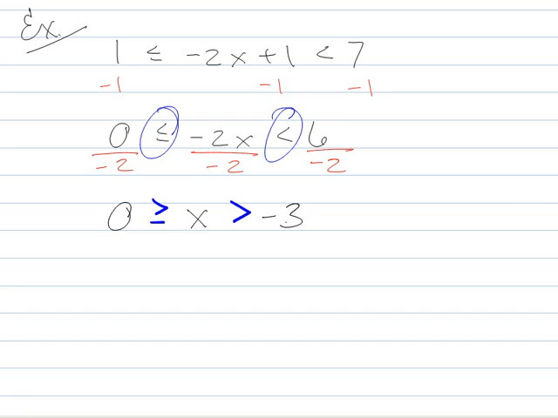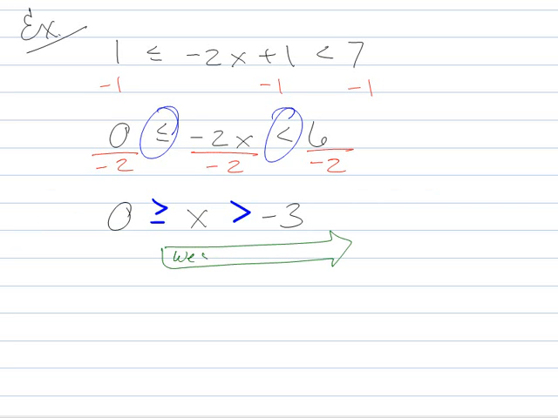Now we have something that looks strange. We've got a statement, but our symbols are facing the wrong direction, and our numbers are in the wrong order. 0 goes all the way down to negative 3. We want the numbers to increase.